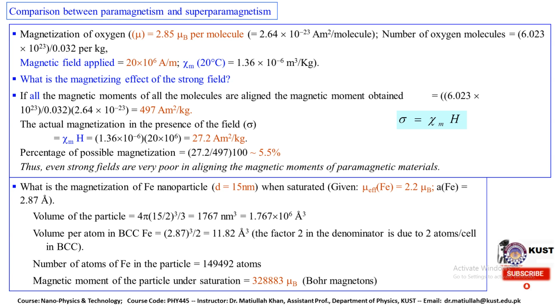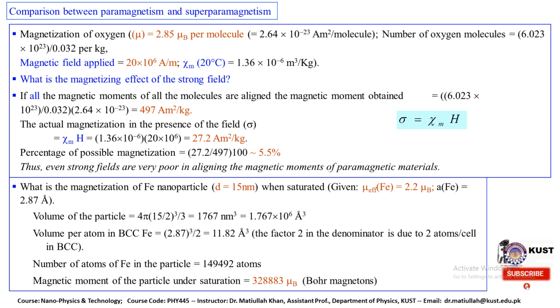We have another example regarding the crystal structure. If you consider iron nanoparticles, we need to calculate the magnetization if the particle diameter d is 15 nanometer and it is saturated at 2.2 μB per atom. We can calculate the volume of the particle, and the volume per atom in BCC Fe, if we consider that the crystal structure is BCC Fe, so we can get this volume.